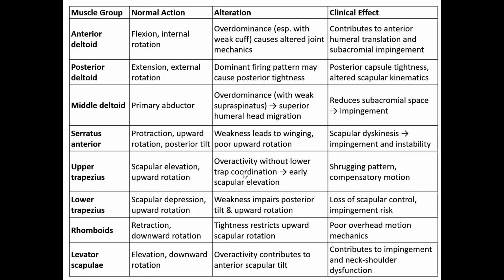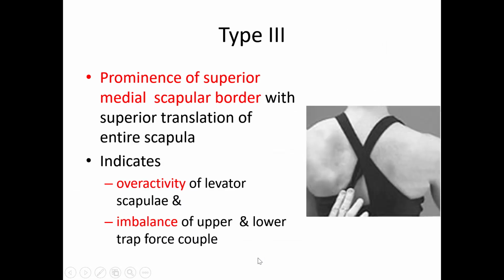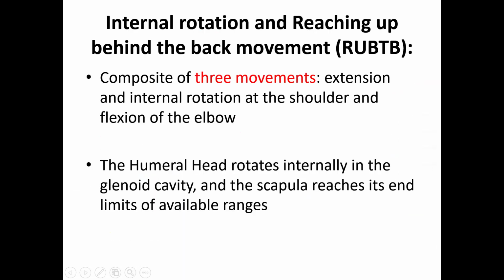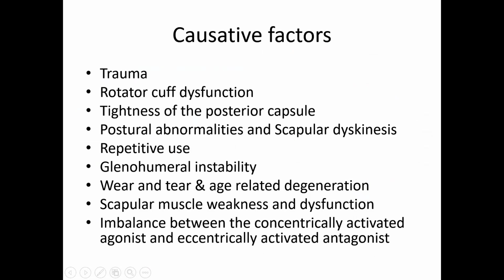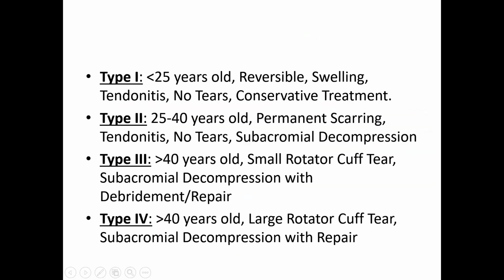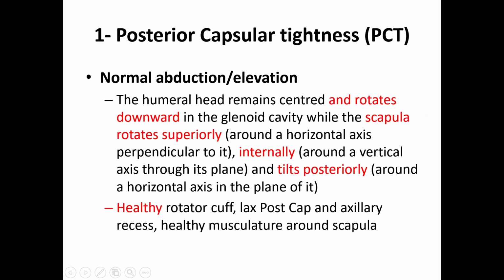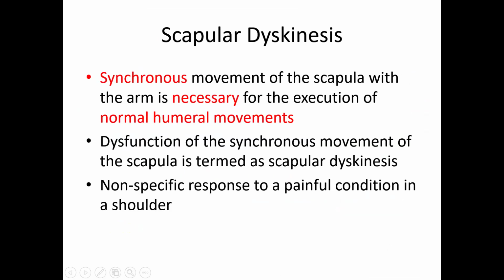So if there is imbalance between the trapezius, as we have discussed in the previous slide, that is the imbalance between the concentrically activated agonist and eccentrically activated agonist. ये जो imbalance है, that is one of the causative factors behind this subacromial impingement syndrome. और इसकी वजह से यहाँ पे ये जो imbalance है between the upper, the elevator of the scapula, and the depressor of the scapula, यहाँ पे हो जाता है shoulder impingement syndrome.